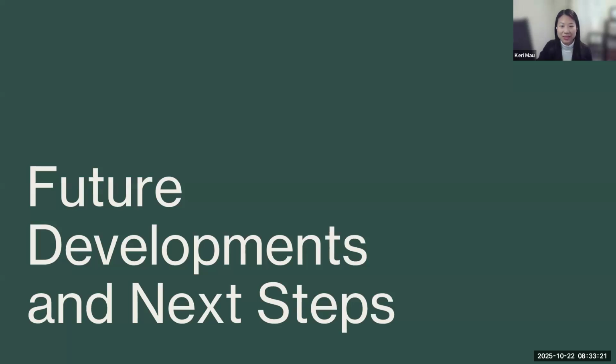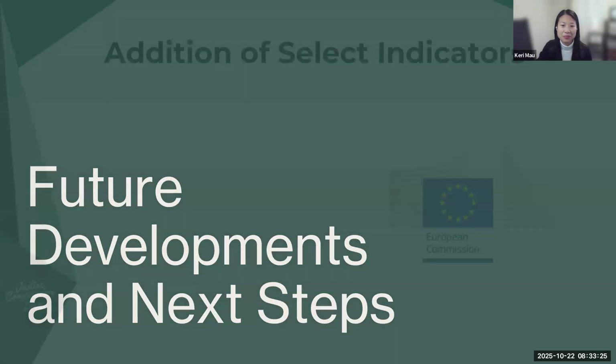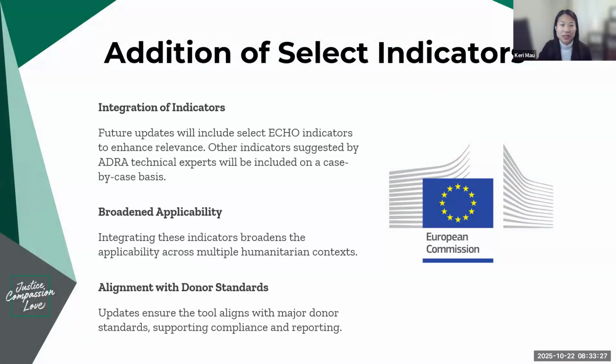So what is next? Where do we go from here? We are in the process of adding indicators that ADRA uses. For instance, there will be some select ECHO indicators and also other indicators suggested by ADRA technical experts.